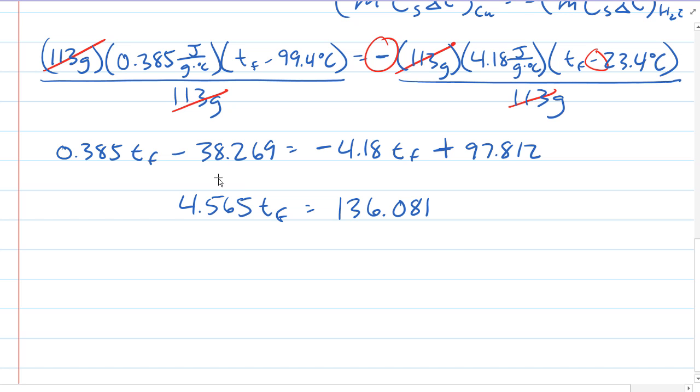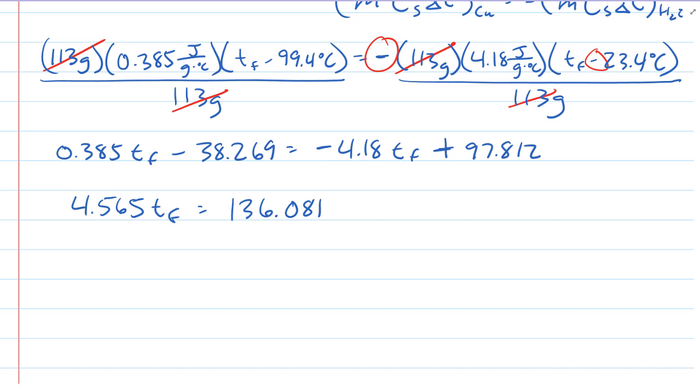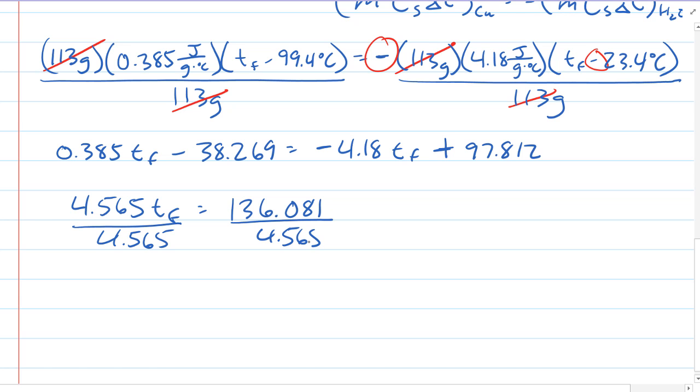Then if we want to simplify this answer, what do we do to each side? Divided by 4.565. There we go. Divide by 4.565. This is going to cancel out here. This will cancel out here. We'll take the 136.081. We'll divide it by 4.565.